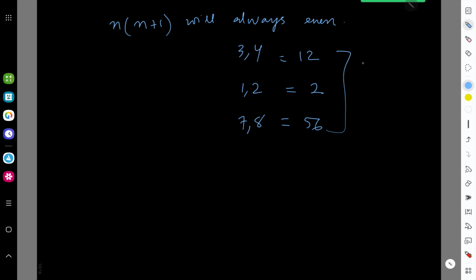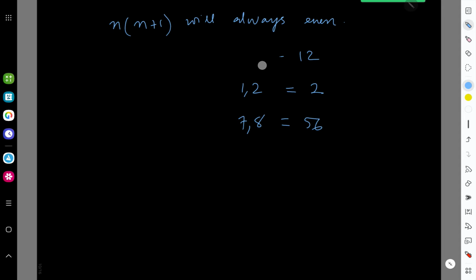So what we can infer from these examples is that any number, be it odd or even, if it is multiplied by an even number, then the product will always be even.